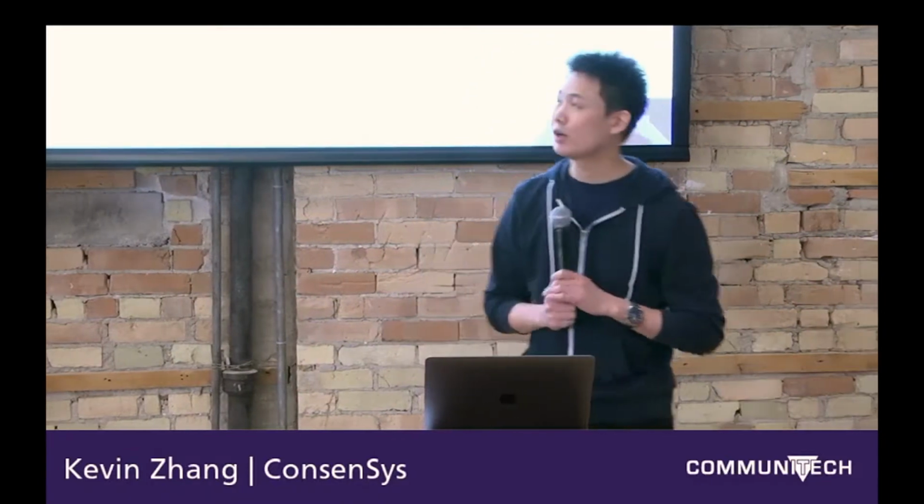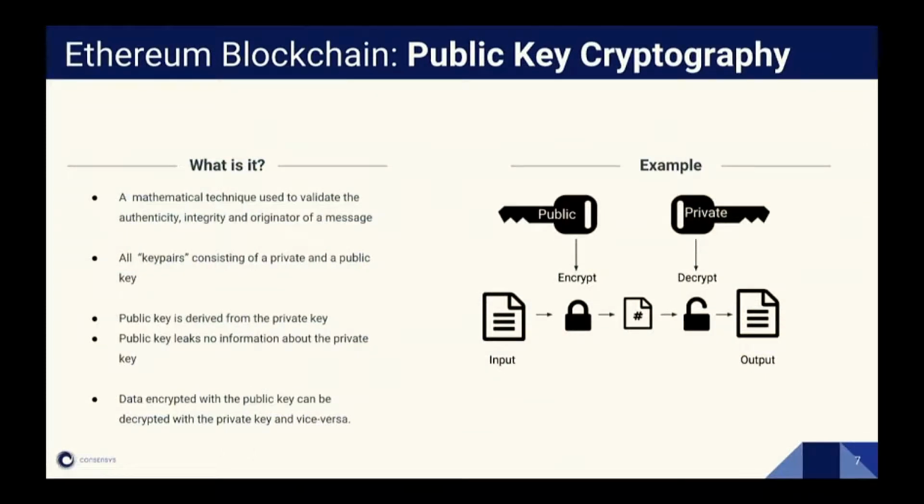And we're going to go into private public key cryptography. So when you have private public keys, this is a very fundamental piece of computer science. You use it every day, even though you don't know it.